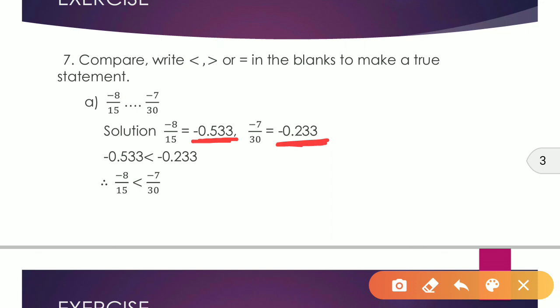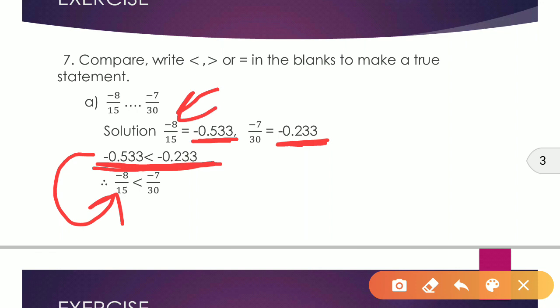That's why minus 0.233 will be greater than minus 0.533. Now what you have to do next is write the original rational numbers: in the place of 0.533 you write minus 8 by 15, and in the place of 0.233 you write minus 7 by 30.